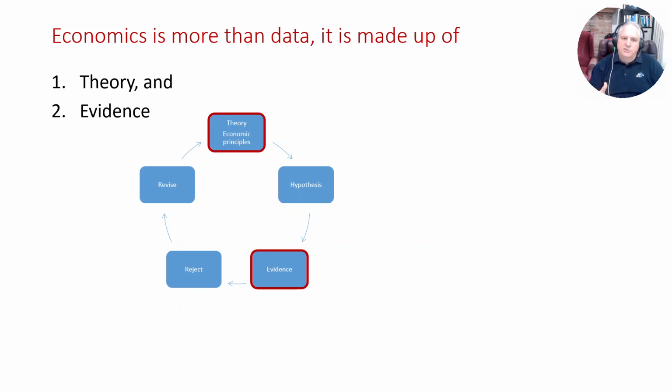So if we do reject it, then we go back and we revise our theory. We go back and we think about, well, what did we miss? What was it that we forgot? Sometimes we're led astray by correlation, and two things seem to apply. One implies the other. And what we don't see are the confounders, those other pieces of data, those third-party things that are the whole reason we're not seeing the effect.